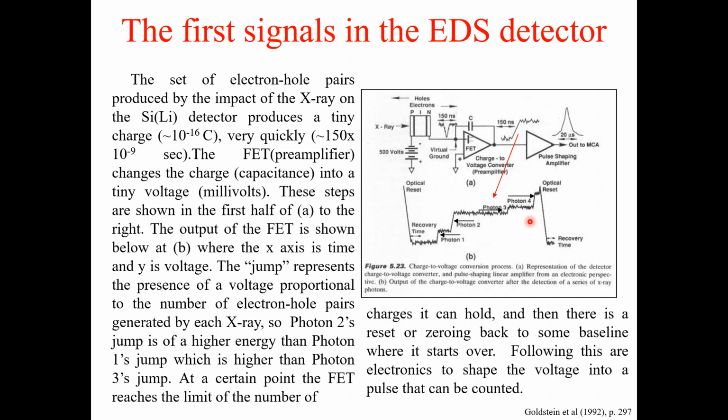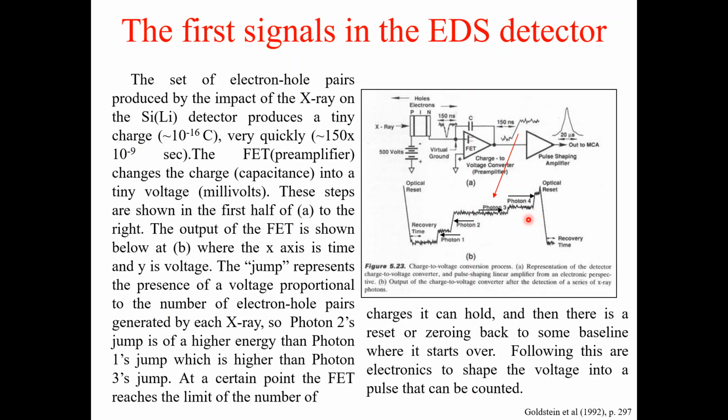Here you can see we have a jump. This jump represents the presence of a voltage proportional to the number of electron hole pairs generated by each X-ray. A photon 2 jump is of higher energy than a photon 1 jump, which is higher than a photon 3 jump.